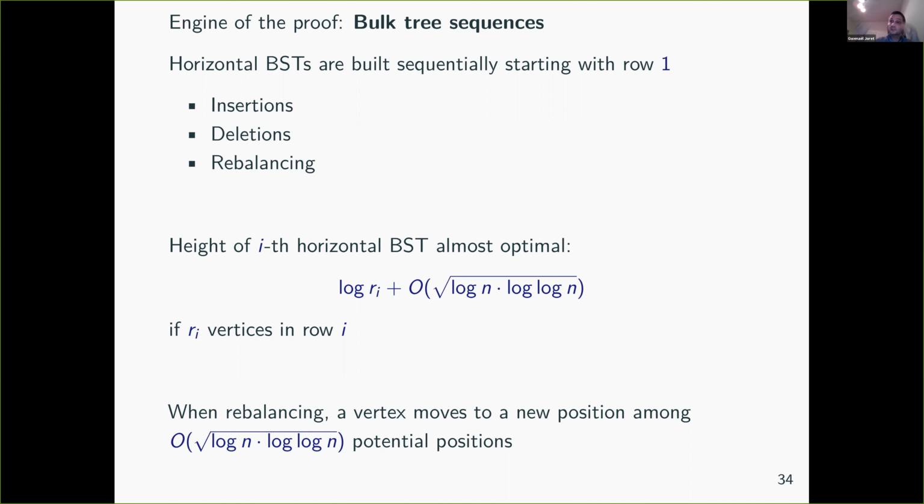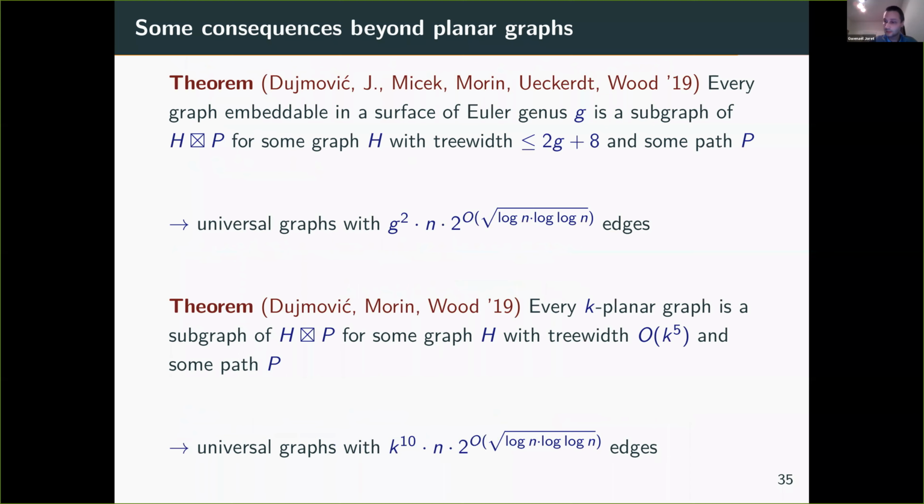And then when you translate this back to putting edges in the universal graph, you only have to anticipate a few possible moves. And because you only have to anticipate a few possible moves, you only have to put few edges. That's the intuition. There are lots of things that I didn't explain, but I think that's good enough in terms of intuition about what we are doing here.